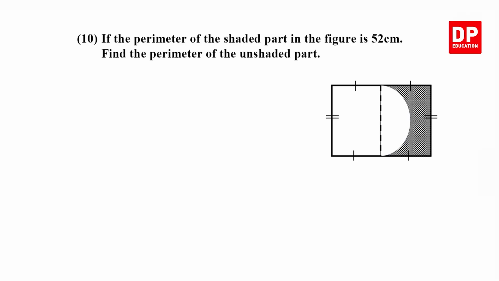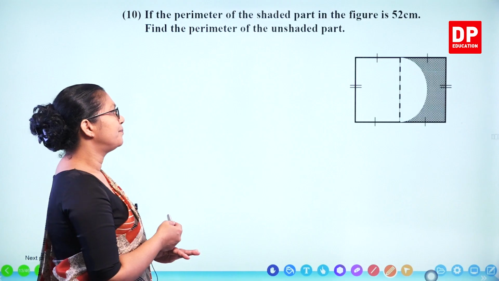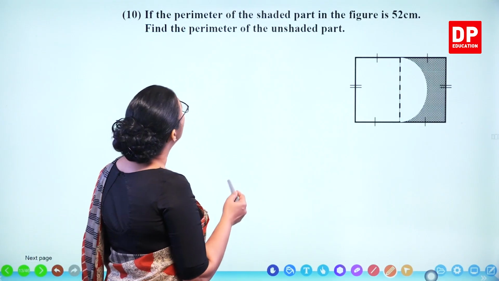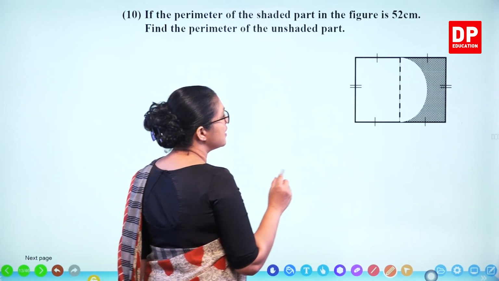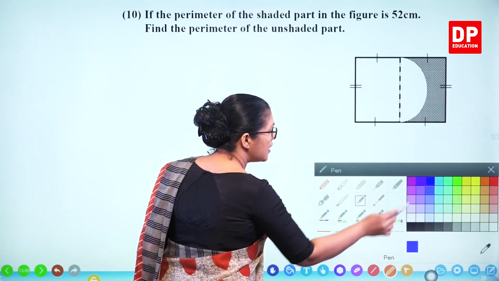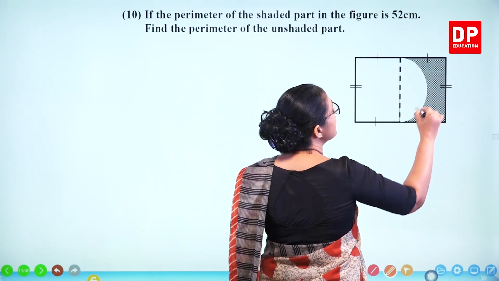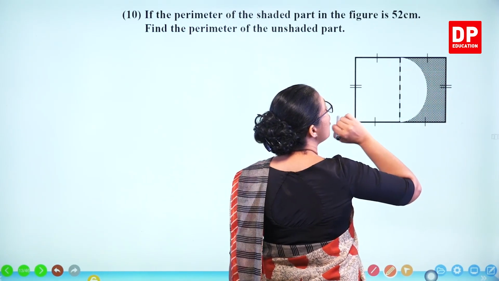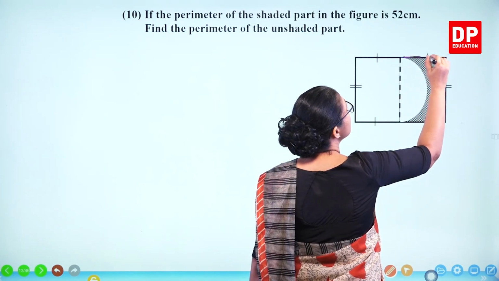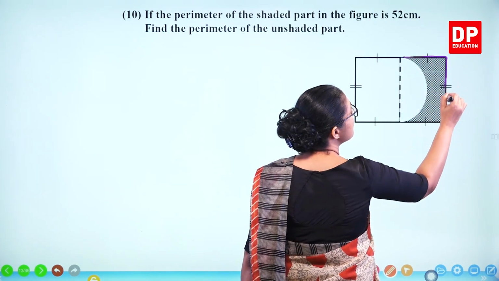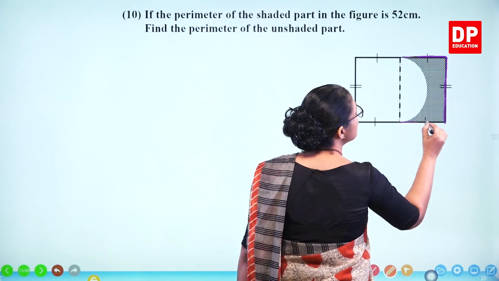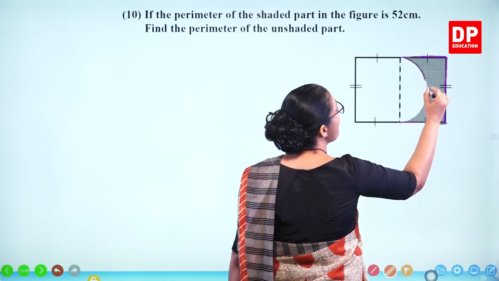Question number 10. If the perimeter of the shaded part in the figure is 52, find the perimeter of the unshaded part. What are the boundaries of the shaded part? You get this part, this part, this part and this part.